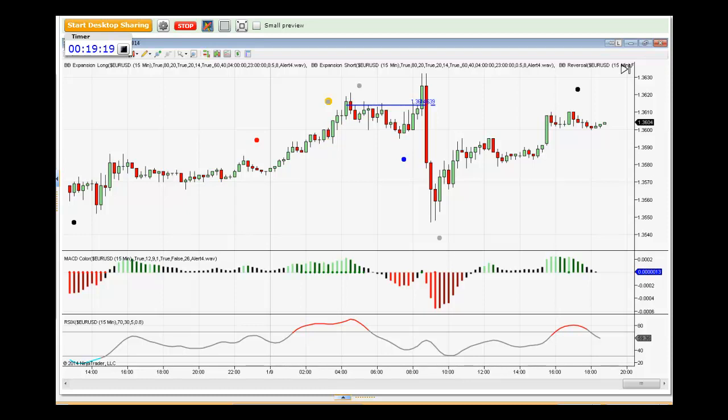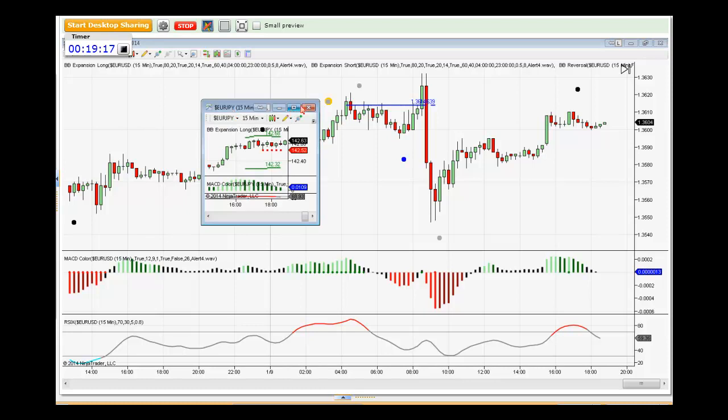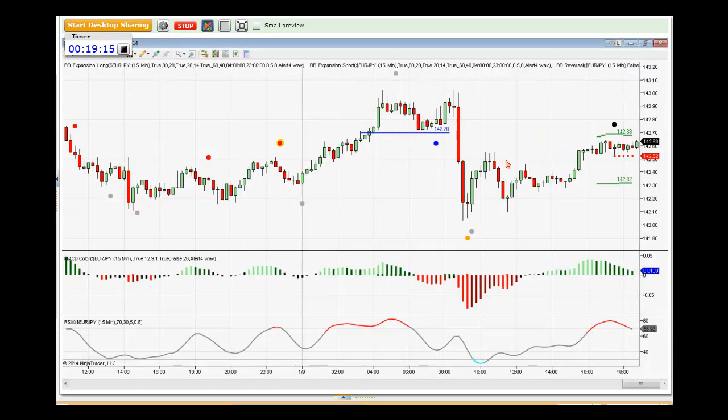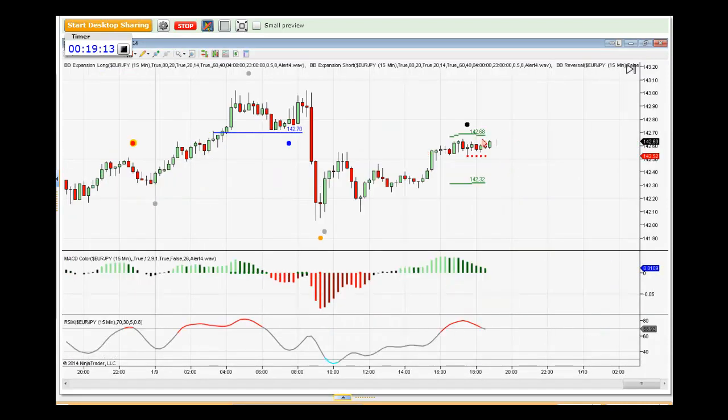And I'm going to pull the euro yen in here, and you see now that we're looking for a breakout. This is a great example of our breakout system. And right now we're in the Asian session, or starting into the Asian session, so a little bit of quiet on the yens right now. So we have an opportunity for the Bollinger Band breakout system to start to calculate.